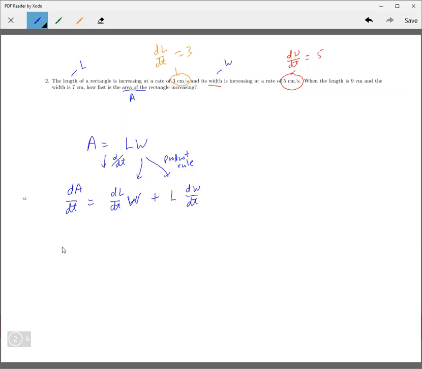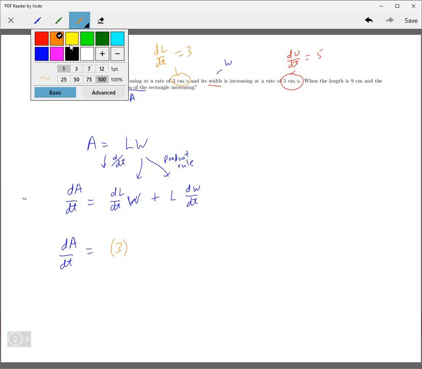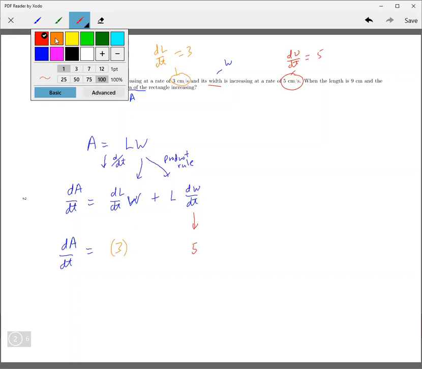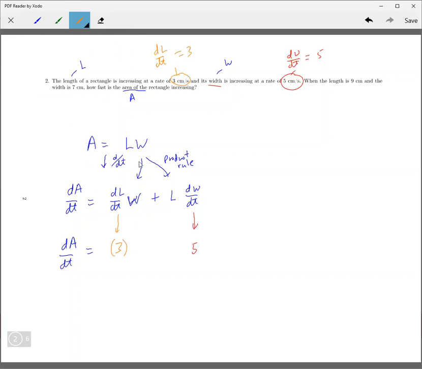Then I can plug everything in. dL/dt is 3, dW/dt is 5, while the length is 9 and the width is 7.